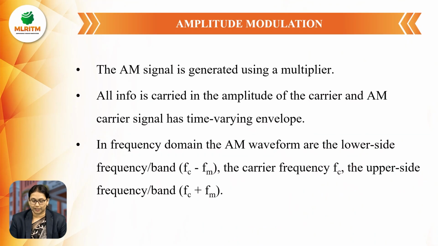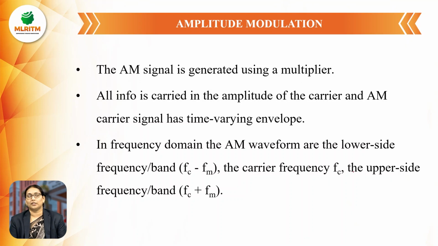So amplitude modulation, simply we can call AM modulation. So AM signal is generated using multiplier. All information is carried in the amplitude of the carrier, and AM carrier has time varying envelope. Next, in frequency domain, AM wave has the lower sideband, carrier frequency and upper sideband frequencies.